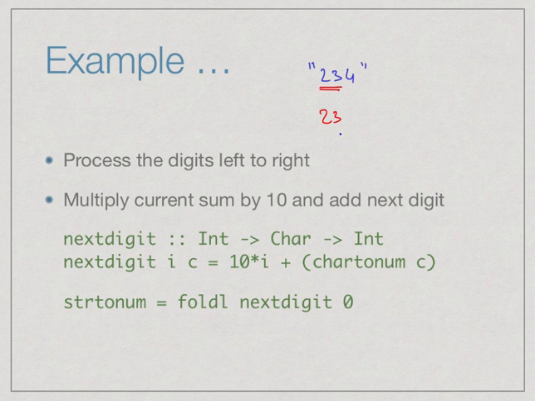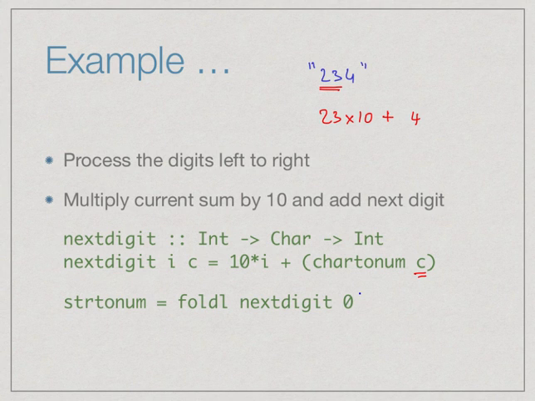Now I look at 4, so I will multiply this by 10 and add 4. This is how we normally do it in place value. So we multiply the current sum by 10 and add the next digit. So the next value will be 10 times the current value plus the conversion of the next character.